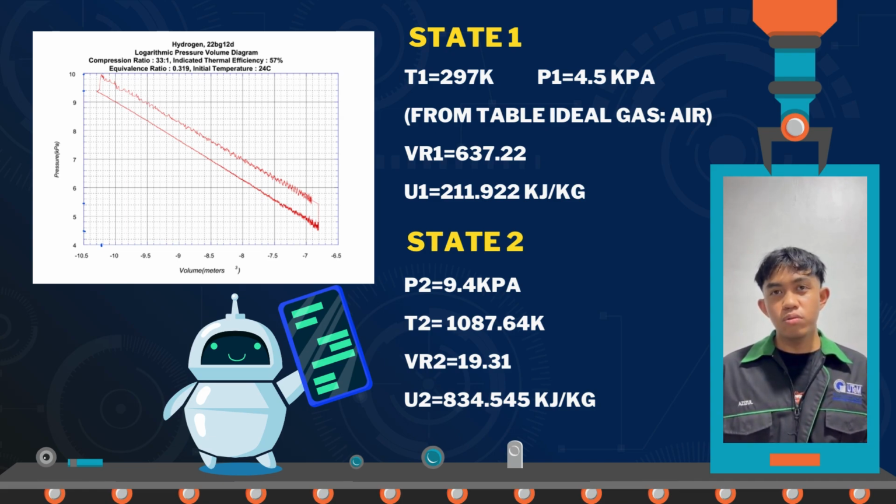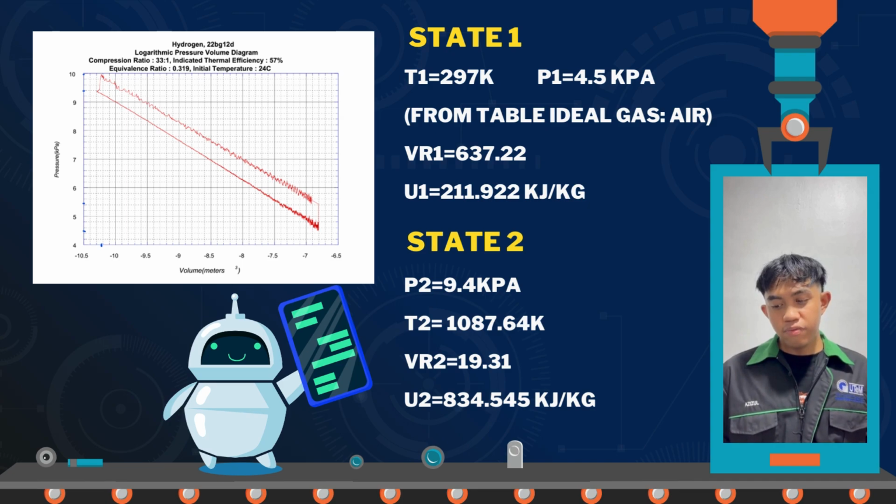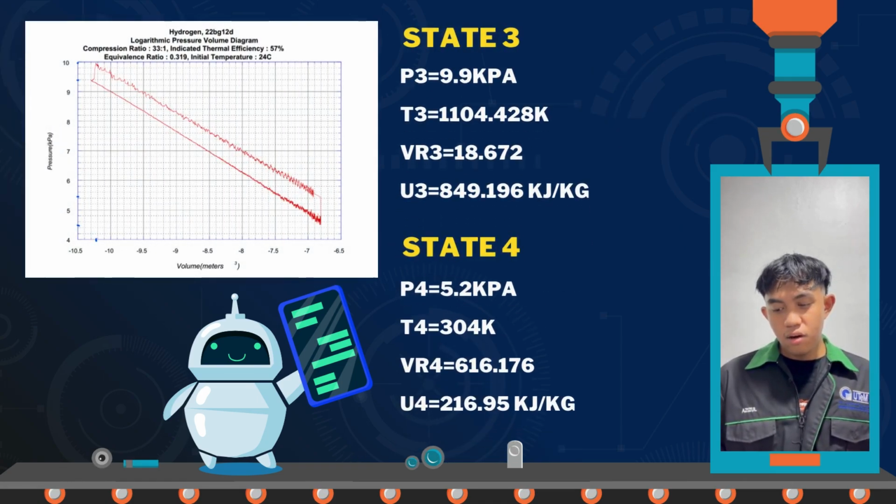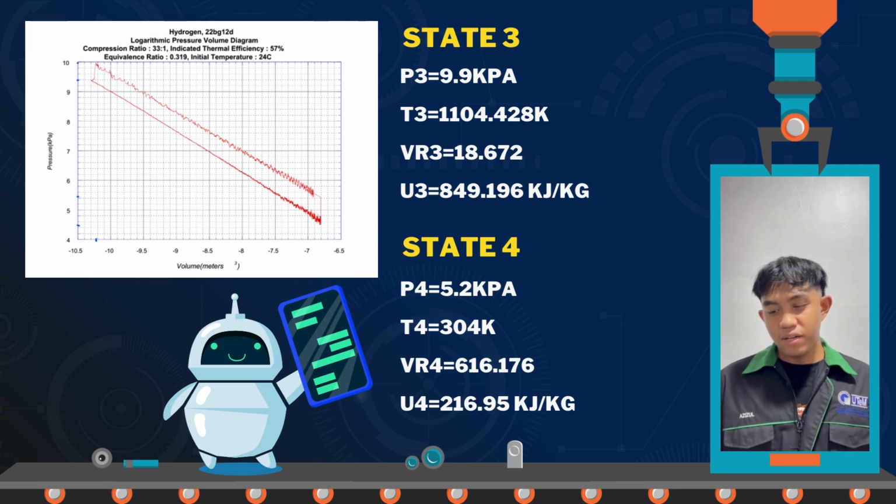For step 2, from the graph, P2 is equal to 9.4 kPa, and we can get the values of T2, VR2 and U2. For step 3, also referring to the graph, we know that the pressure is 9.9 kPa, and we can get T3, VR3 and U3.